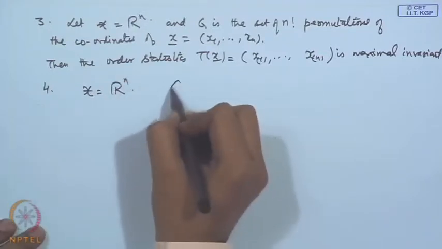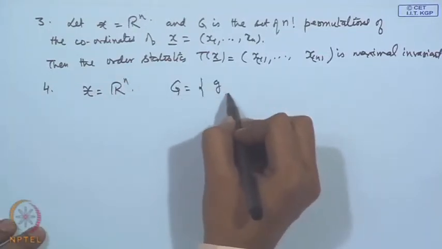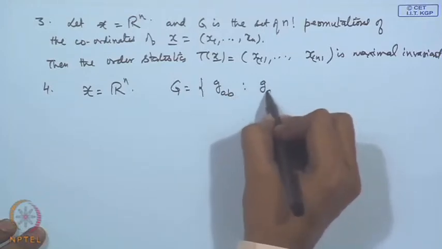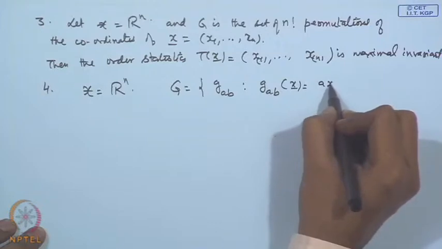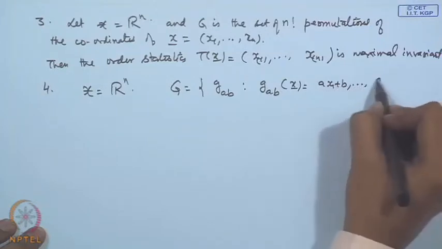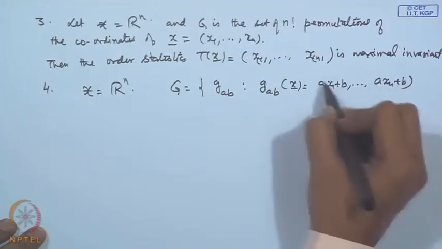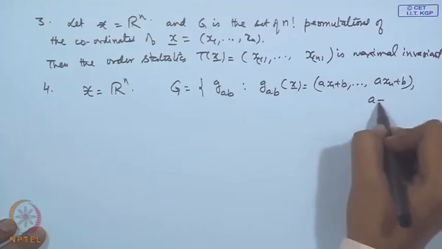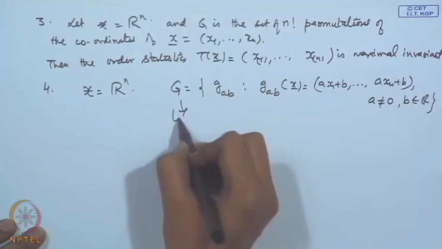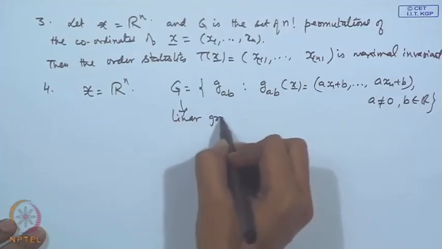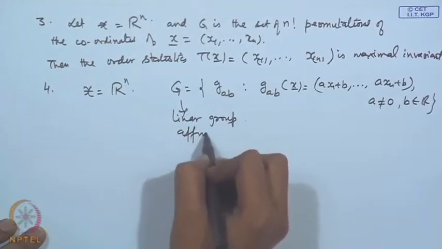Let me consider another example. We consider the group of linear transformations g_{a,b}(x) = (a x_1 + b, ..., a x_n + b), where a is not 0, b is any real. This is the linear group or affine group.